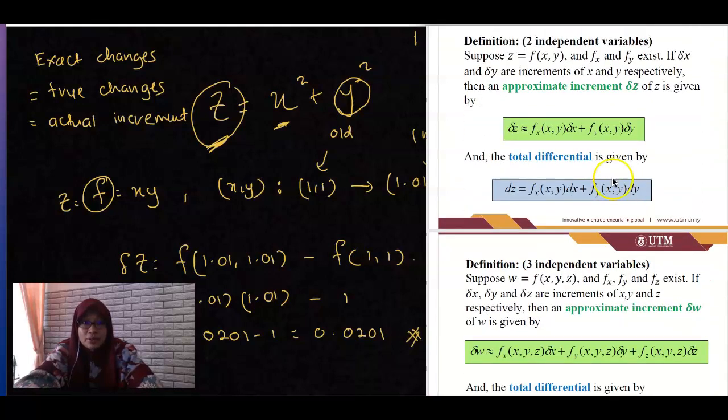Or it can be shown here. So the true change can be approximated by dz, and the formula of dz on the right side is called total differential.